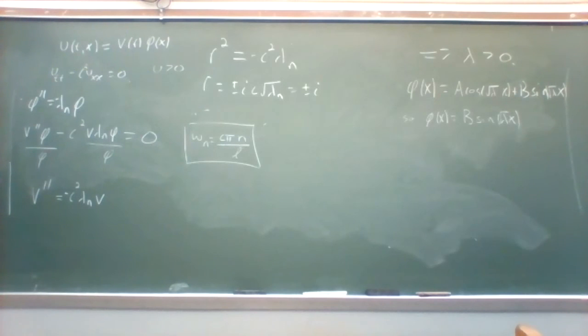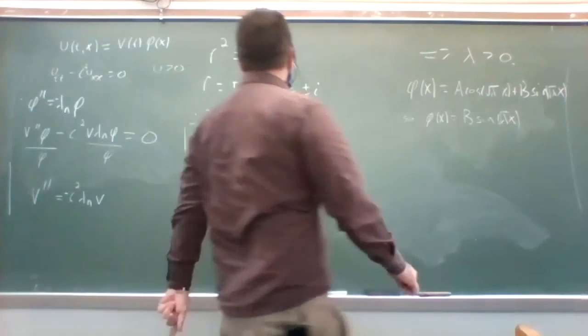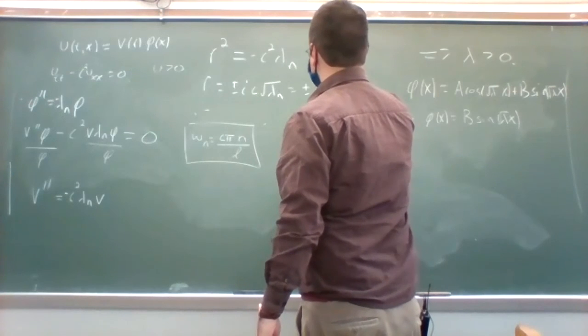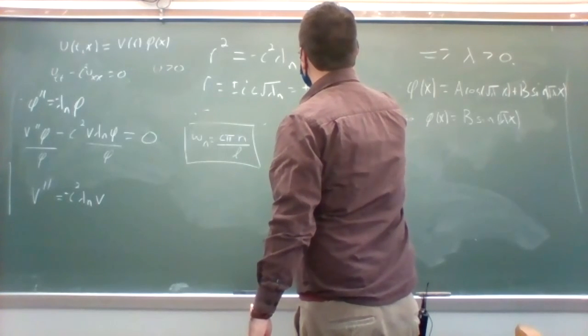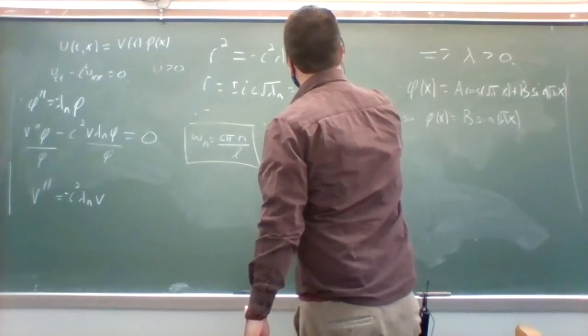With that notation, I can write this as plus or minus i times omega n.